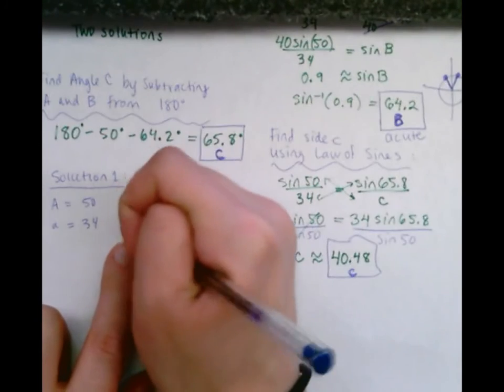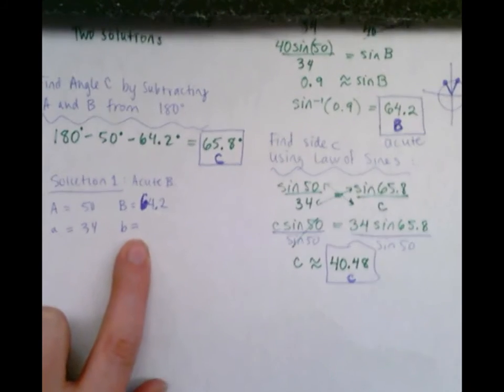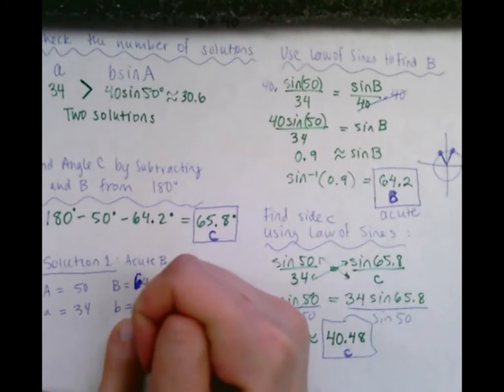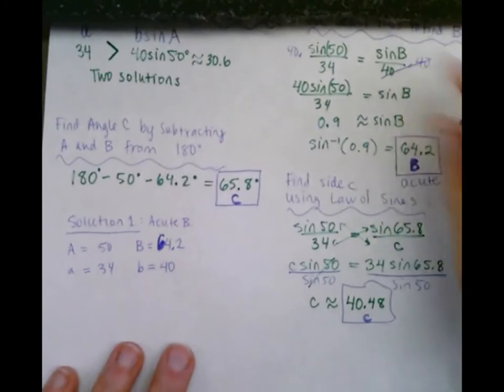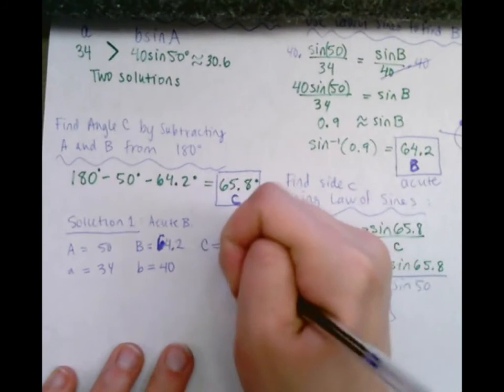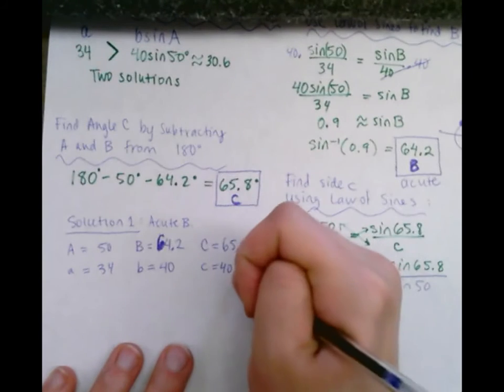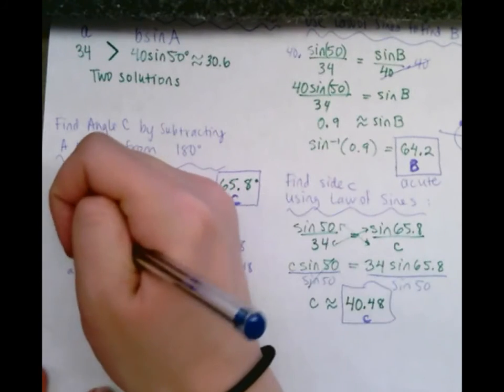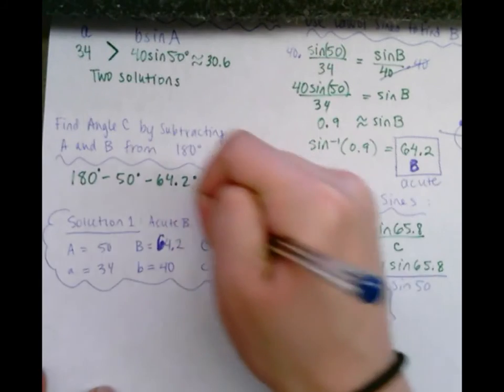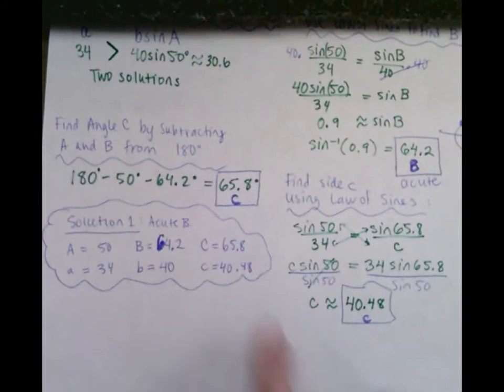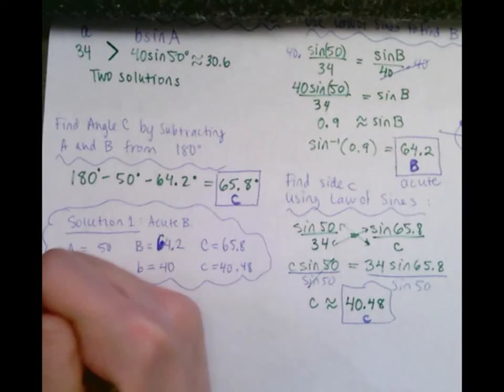And little b we started knowing it was 40. And then we just found big C is 65.8 and little c is 40.48. Right, so this is one whole solution, which is one triangle that fits those requirements, okay? But we now need to find the other solution.